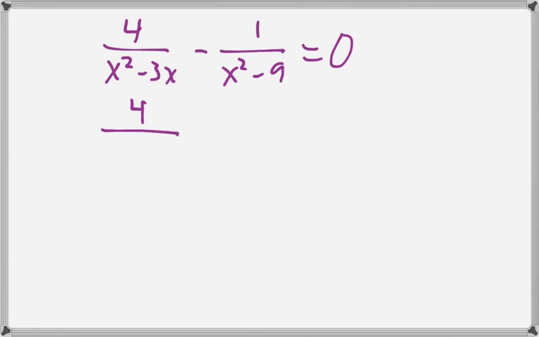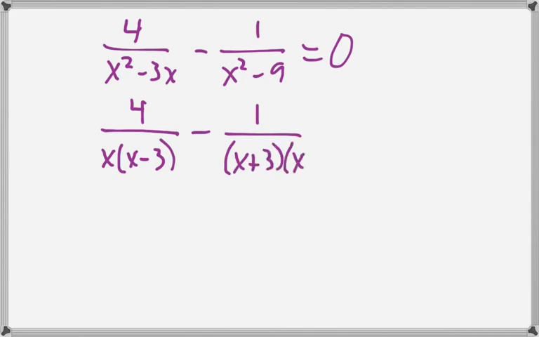In the first denominator, both terms have an x, so we can factor out an x. In the second denominator, we have a difference of squares, x squared minus 3 squared. So we can factor that denominator as x plus 3 times x minus 3.